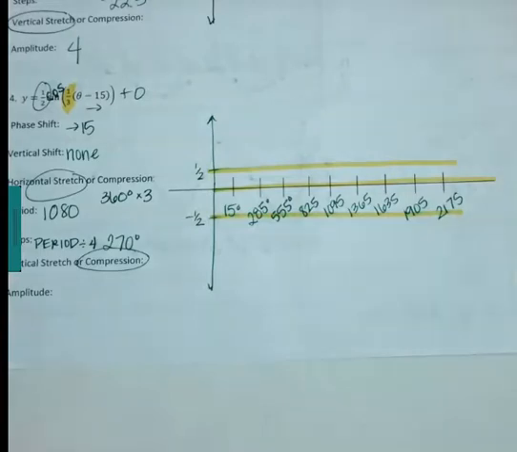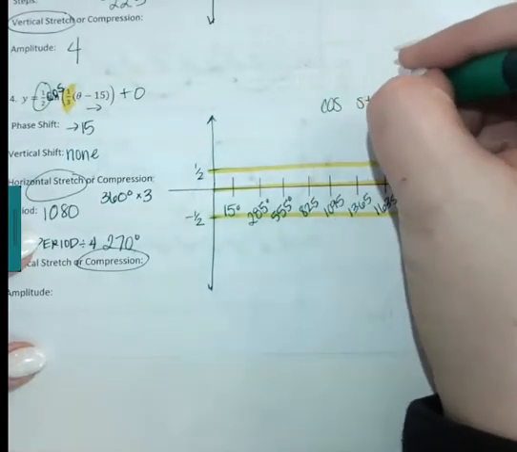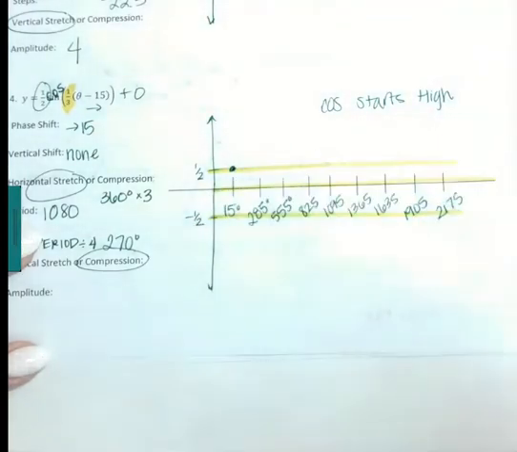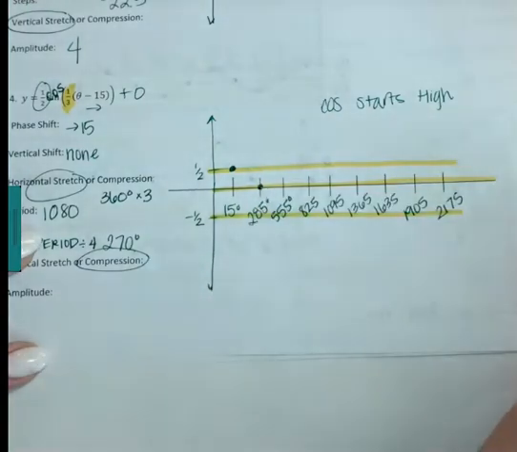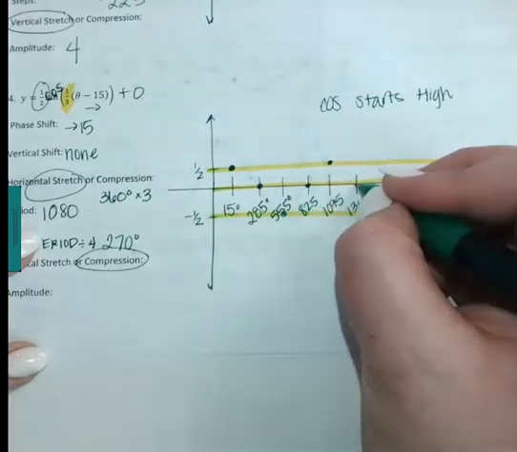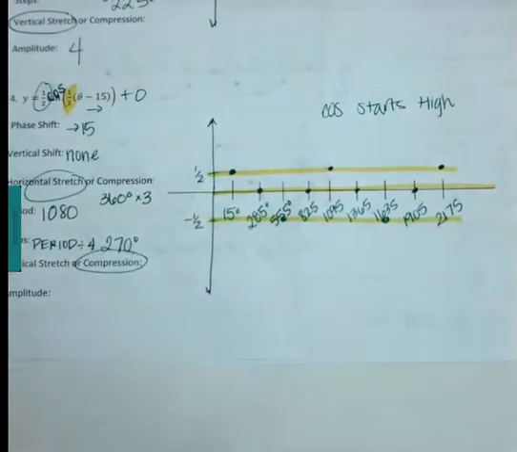Now, remember what we said, sine starts in the middle, but cosine starts high. So when I put my first marker here, I'm going to start at 15 up, then 285 middle, then 555 down, then middle, then up, then middle, then down, then middle, then up.